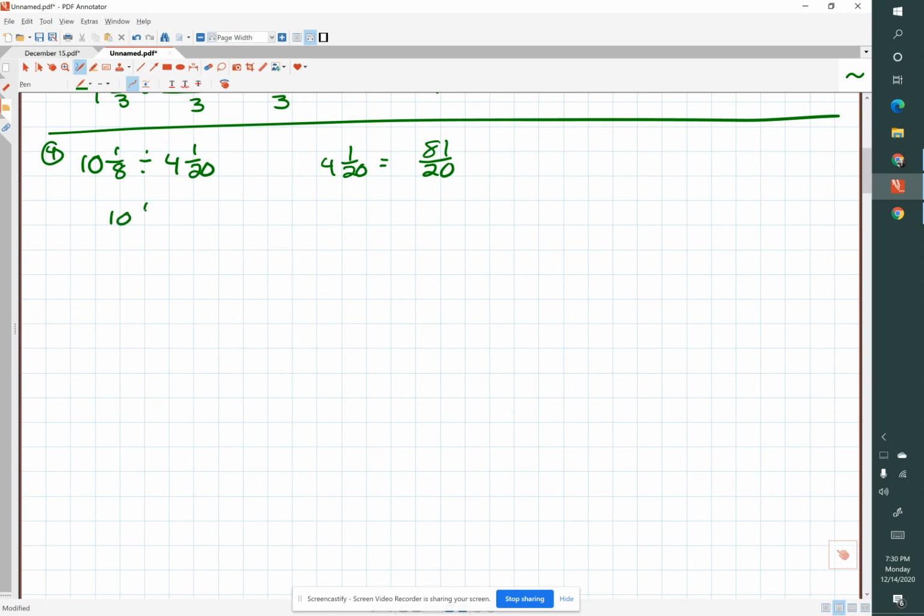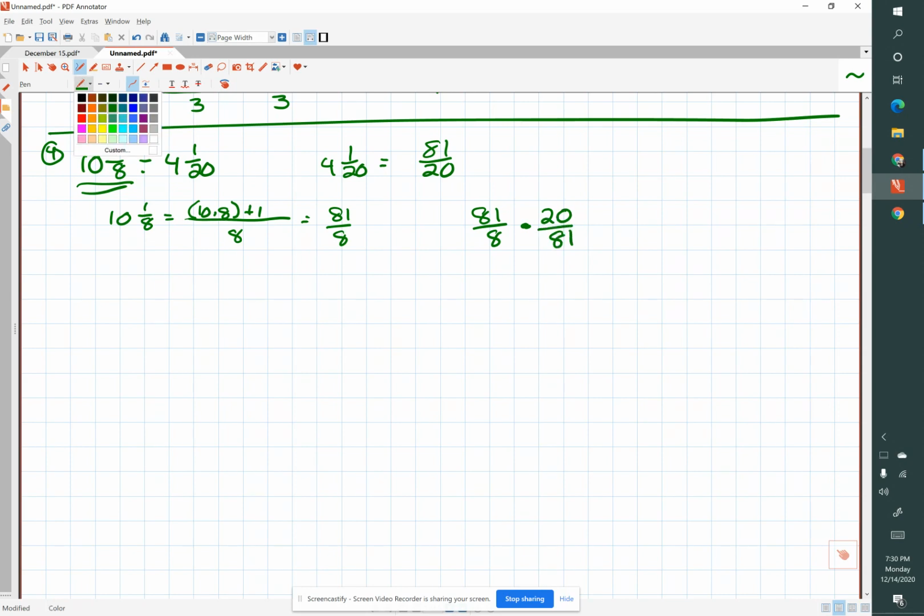And 10 and 1/8 would be 10 times 8 plus 1 over 8, which is 81 over 8. Remember this is not commutative, order matters. So the first number is the 10 and 1/8. We'll start with 81 over 8, change the division to multiplication, and multiply by 4 and 1/20, which is 20 over 81.